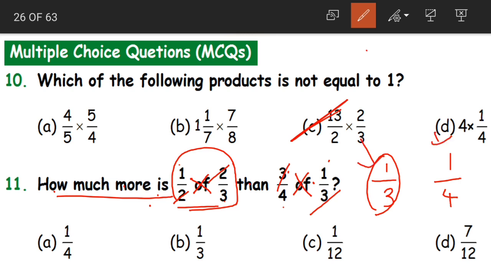How will we find out? If I ask you how much more is 7 than 5, what will you do? You will subtract and say 2. In the same way, we need to subtract both the fractions here. 1 by 3 minus 1 by 4. Now the denominators 3 and 4 do not have any common factors.